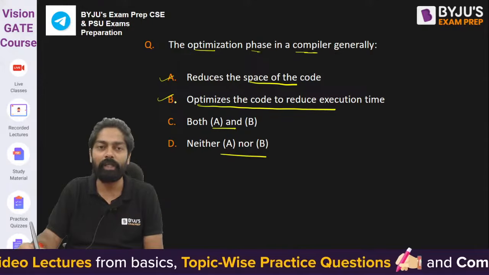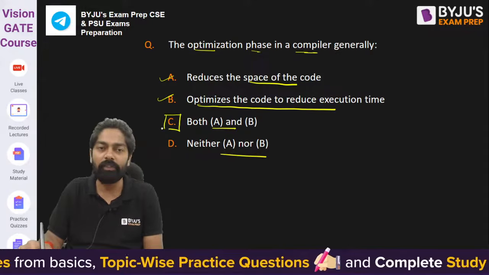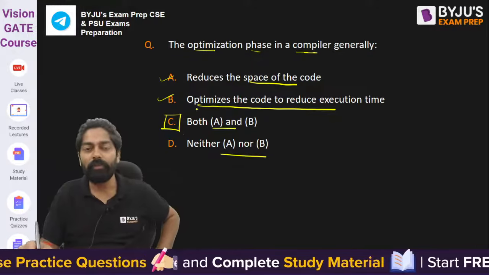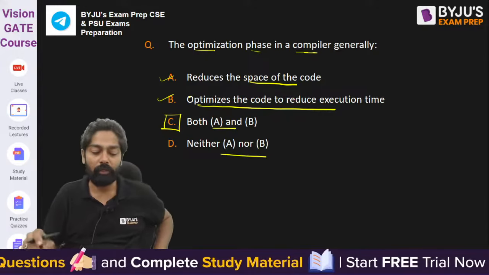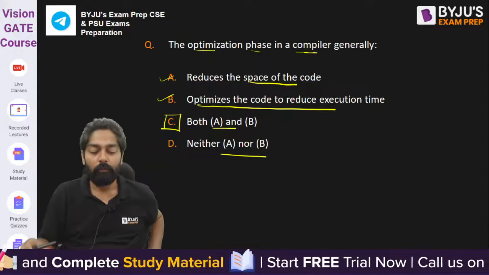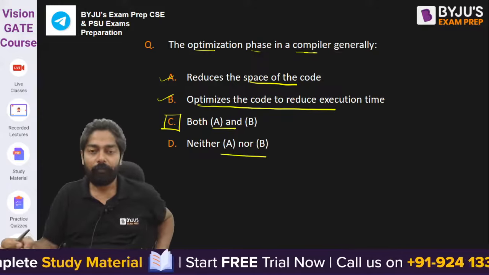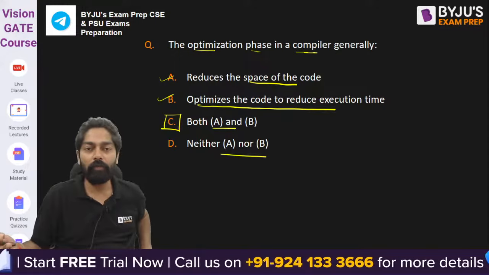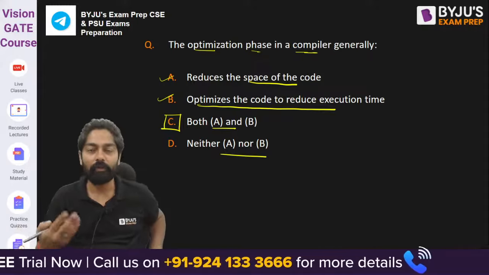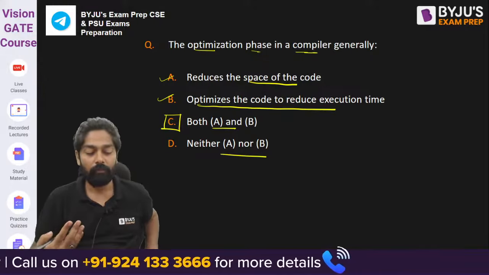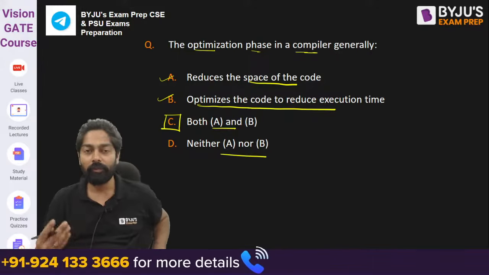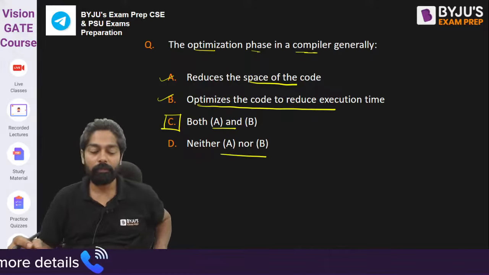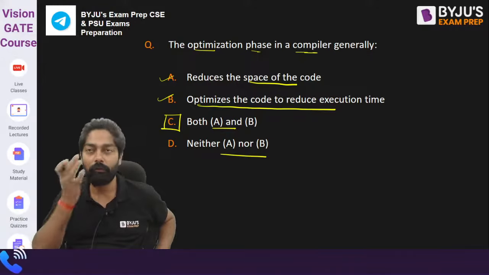So A and B both are correct, and since it is an MCQ you go with option C. With the help of loop optimization we optimize the code to reduce execution time, and we also reduce the space of the code by removing some temporary variables and so on. Is that clear?